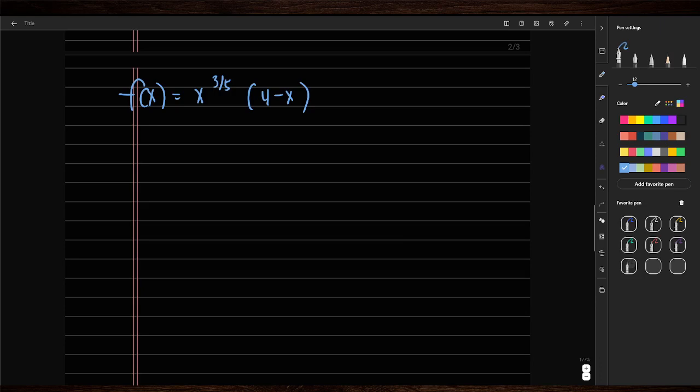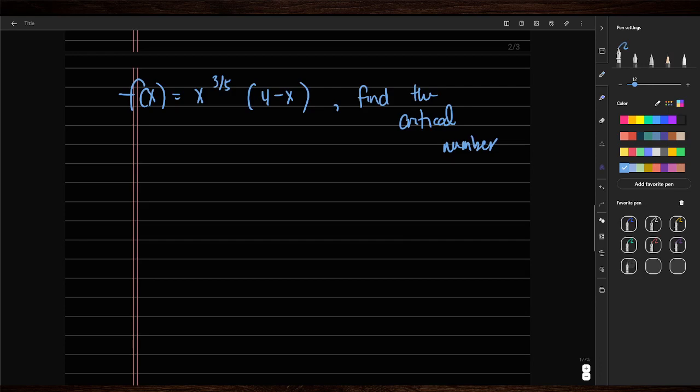Let's say we derive this. The problem being asked is to find the critical numbers.